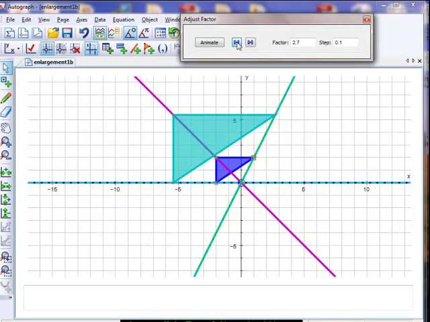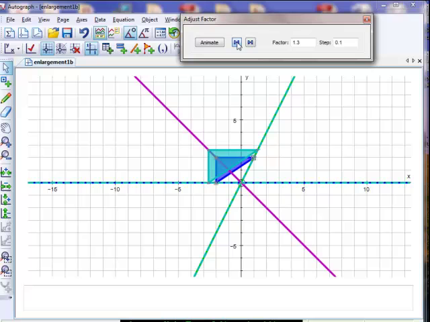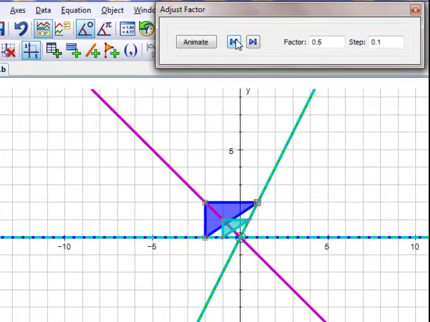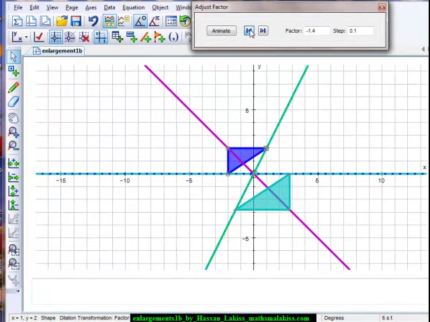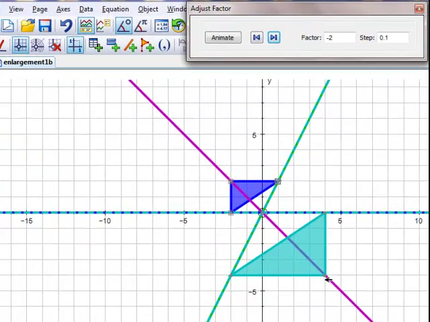Let's reduce the scale factor. What happens when it's negative? At the moment it's 1, so it's back to where it was. Scale factor of 1/2 is sometimes asked for. Is that what you expected when it's negative? Take it down to -2. The lengths have been doubled. This point here corresponds to which one on the image?